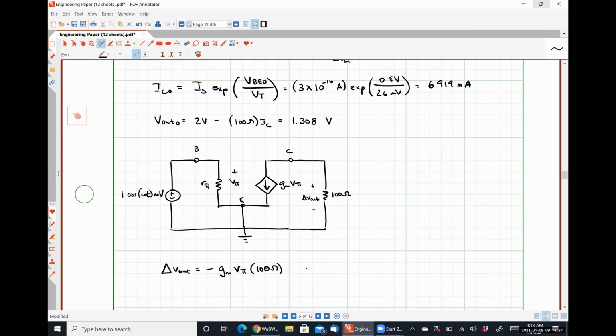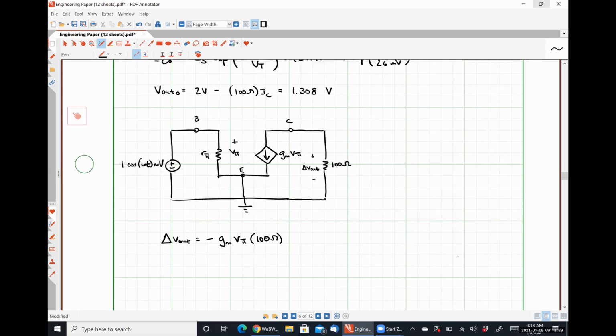So in order to calculate this, we need to know what GM is, and we need to know what V pi is. GM is our DC operating point collector current divided by our thermal voltage. That's why we had to bother doing the DC operating point analysis to begin with.